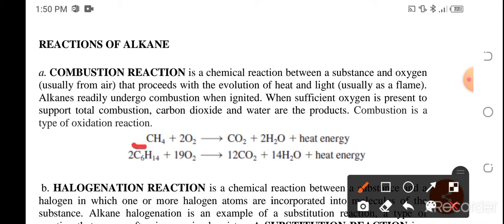So, ibig sabihin 1 carbon atom. So, 1 din naman si carbon atom sa carbon dioxide. Hydrogen is 4, but hydrogen in water is just 2. So, we have to think of a number that would be multiplied to the 2 subscript of hydrogen to make it 4 count.